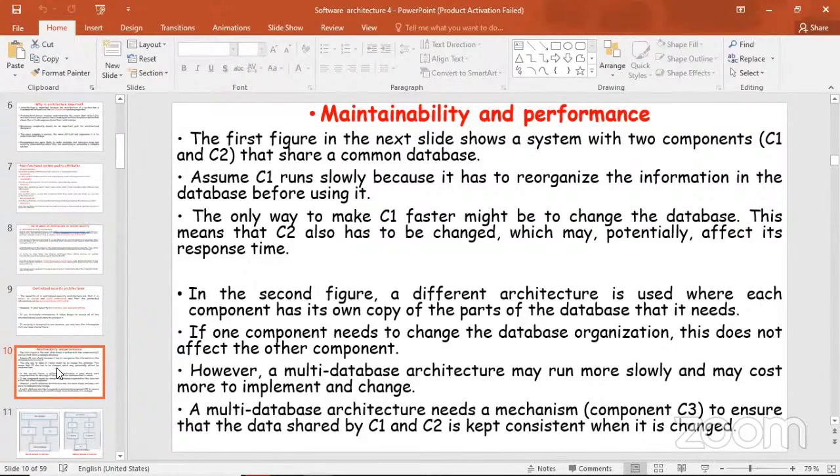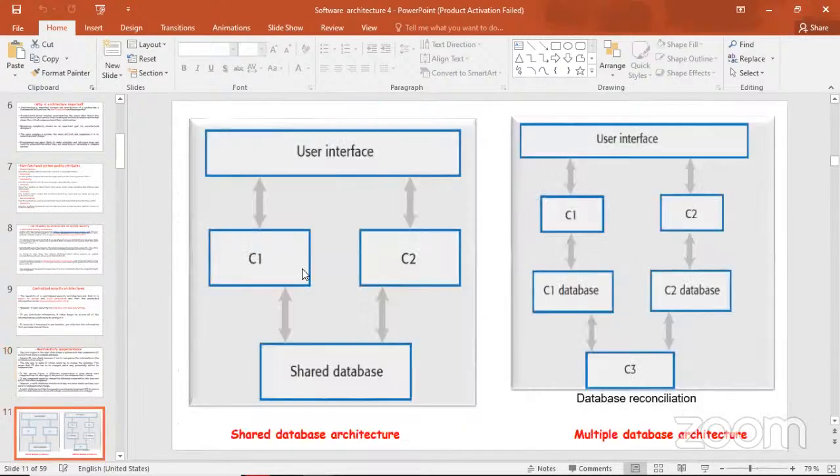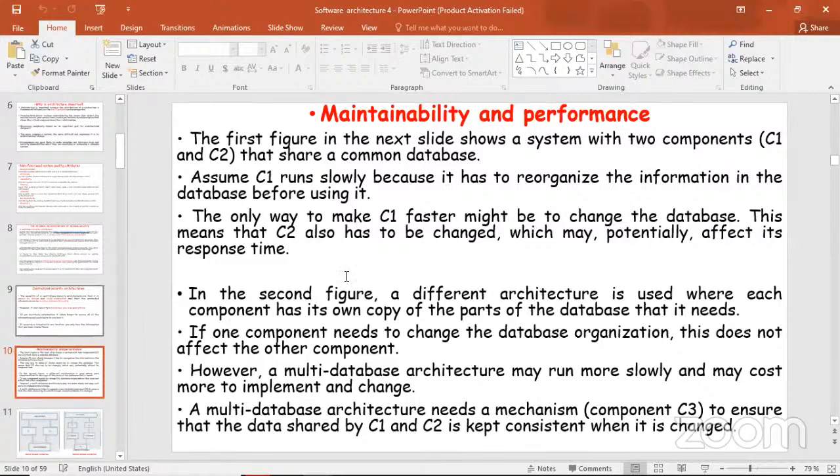Now, in the second figure, a different architecture is used where each component has its own copy of the part of the database that it needs. If one component needs to change the database organization, this does not affect the other components.